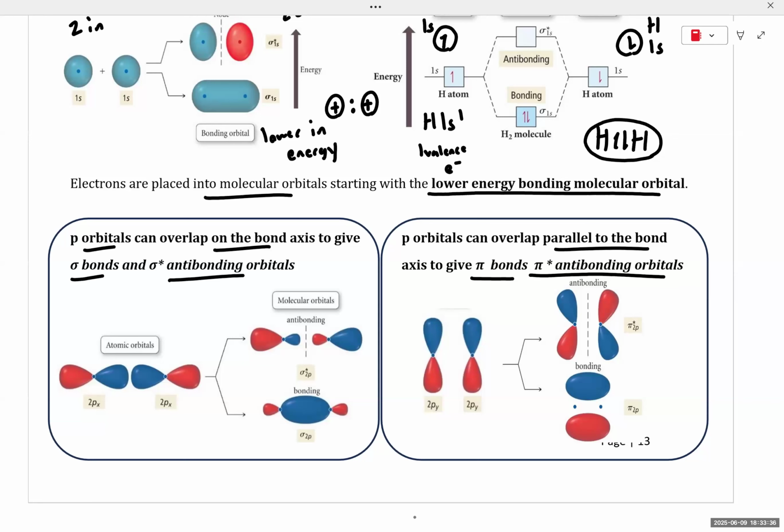Notice for the bonding molecular orbital for our pi bond, we're overlapping regions of the same phase, while for the antibonding pi star molecular orbital, we are overlapping regions of opposite phase.